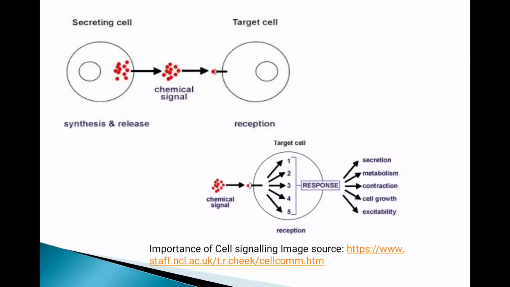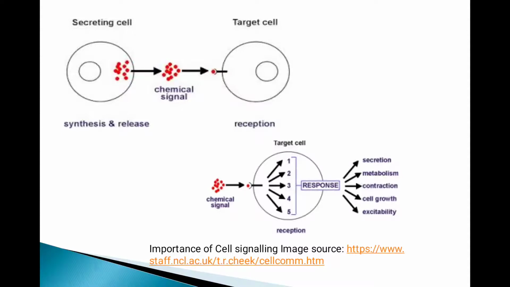So this diagram explains the process of communication. Communication is nothing but a transformation of information from one cell to another cell. The cell which sends the message is called the secretory cell, and the cell which receives the message is called the target cell.